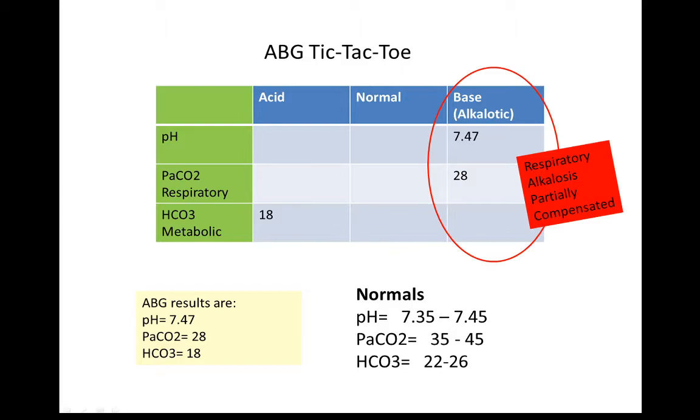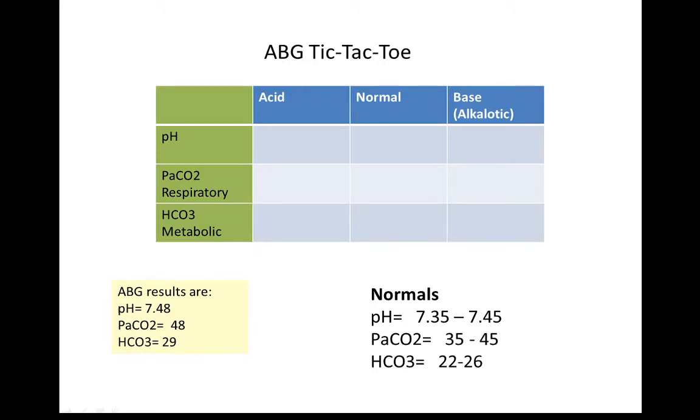So what we have here is a respiratory alkalosis, and we call it that because the pH matches with the respiratory component. The metabolic component, or the bicarb, is attempting to compensate, but our pH is still abnormal. So we're going to call it respiratory alkalosis partially compensated.